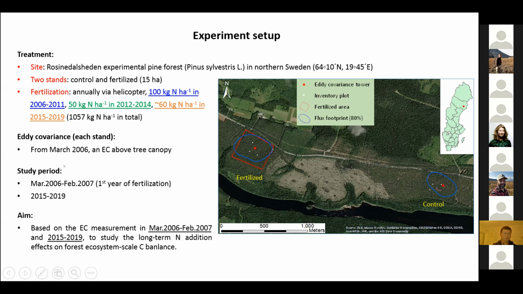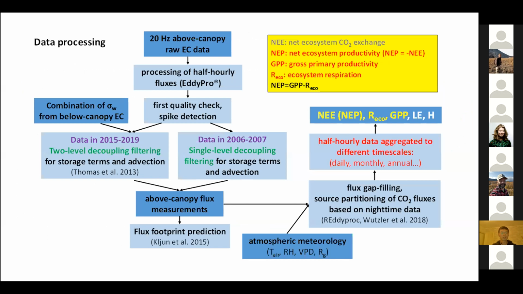We selected two study periods. The first is 2006 and 2007, the first year of fertilization, and the other is 5 years after 1 decade of fertilization. Based on these measurements, we focus on the long-term fertilization effects on the forest ecosystem scale carbon balance. Here is data processing.